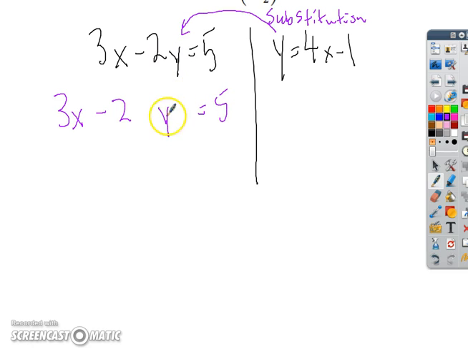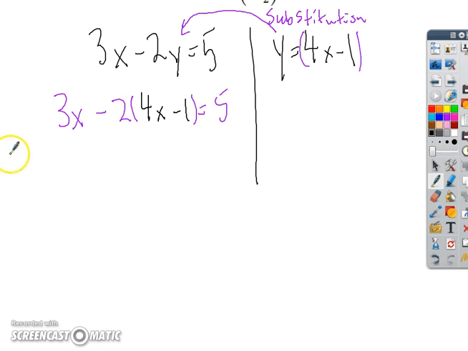Now, you'll notice I haven't done anything to that. I've just left myself lots of room because I'm about to substitute for y, since y is equal to this. So I can replace the y with what it is equal to, which is 4x minus 1.